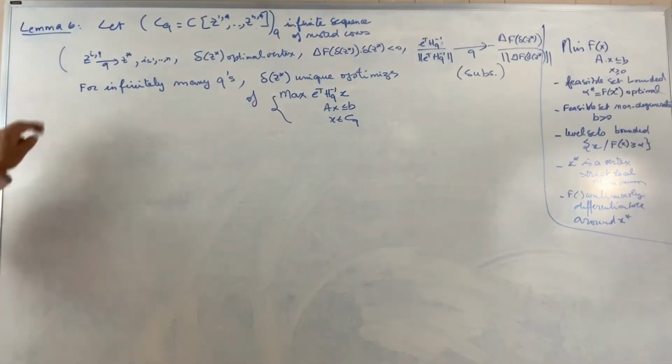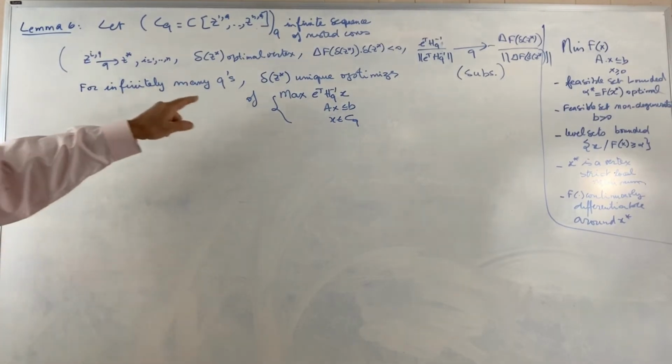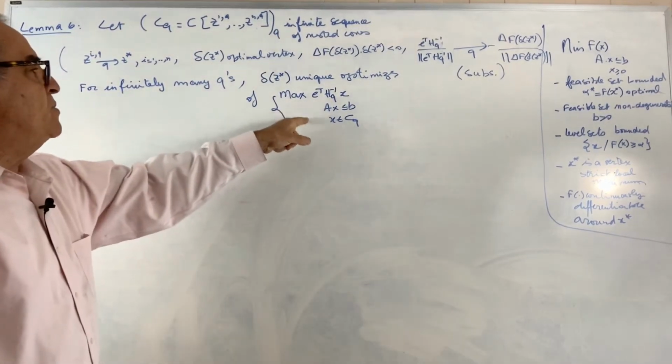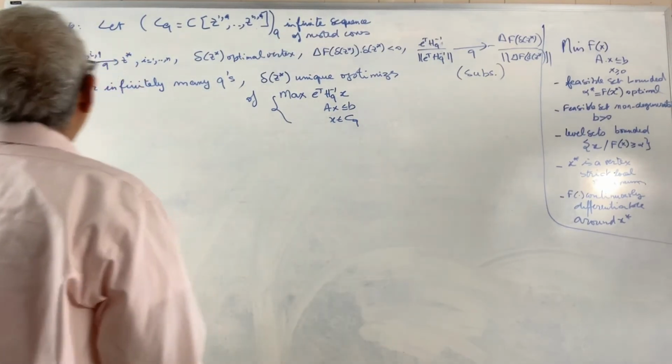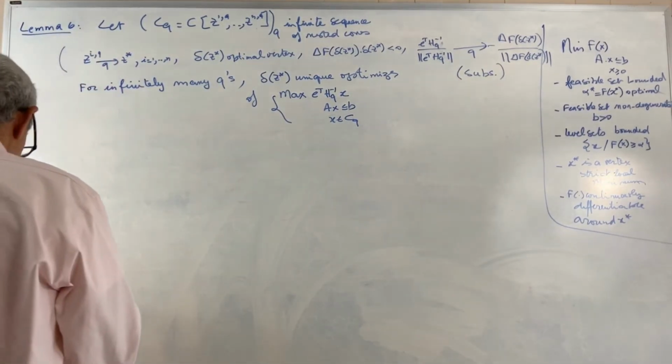Okay, so for infinitely many Qs, delta Z star will be the unique optimizer of this LP. Okay, now let's prove this.